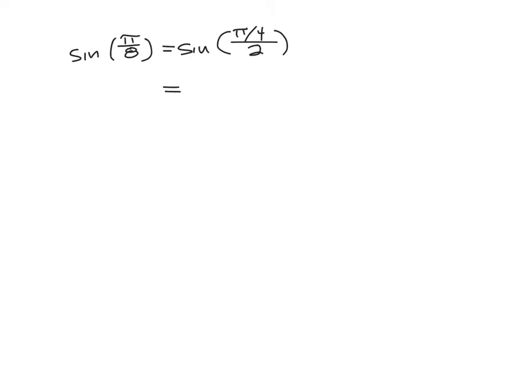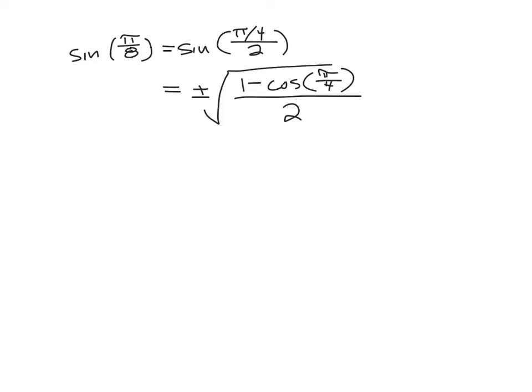All right, so from that first formula, sine of pi over 8 is the same thing as sine of pi over 4 over 2, which means it's plus or minus the square root of 1 minus the cosine of pi over 4, which we know, over 2.